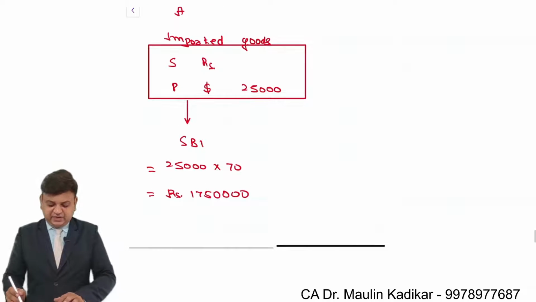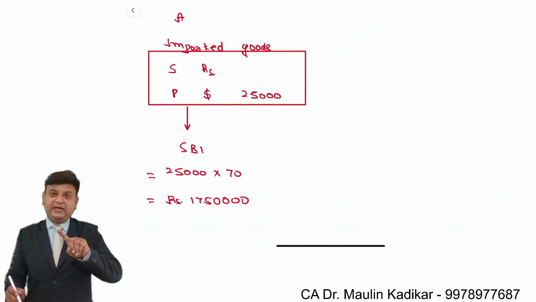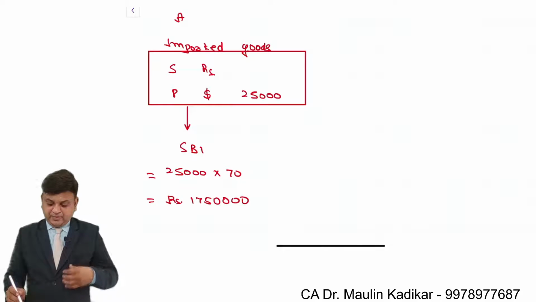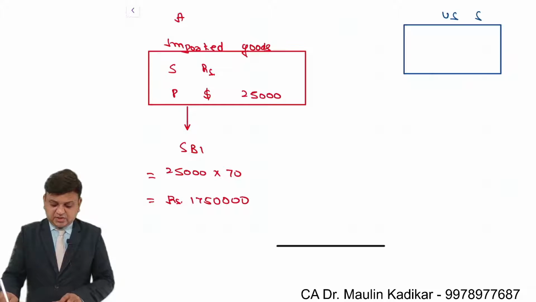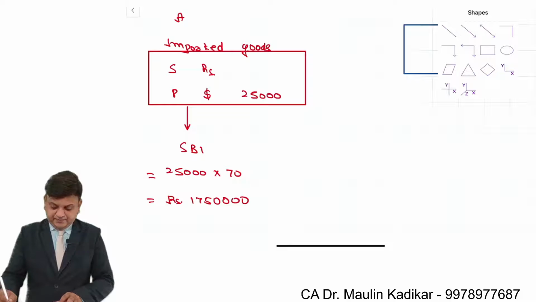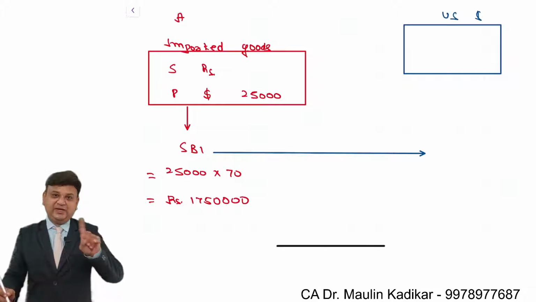Then State Bank of India will ask for the details about the bank account of the supplier of A Limited. Whatever the bank details that A Limited will provide to State Bank of India will be of course of the United States, that is the dollar currency. What will happen? Listen carefully. State Bank of India will have its own account in United States.